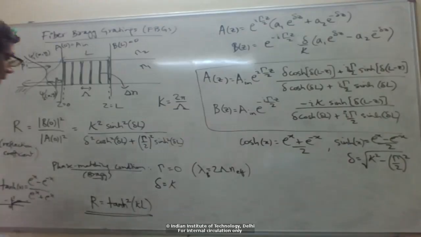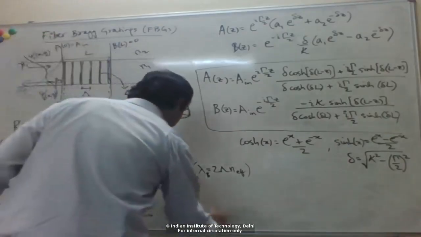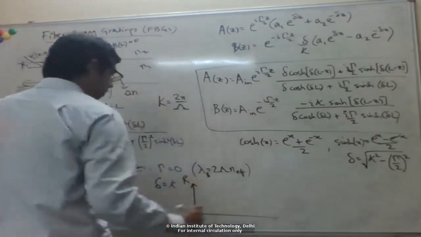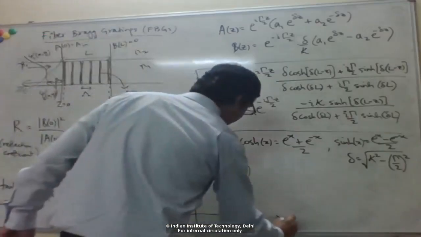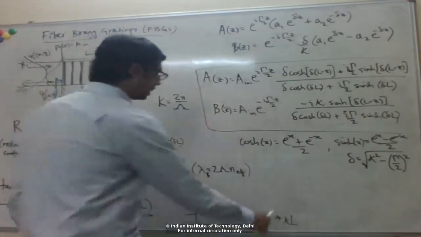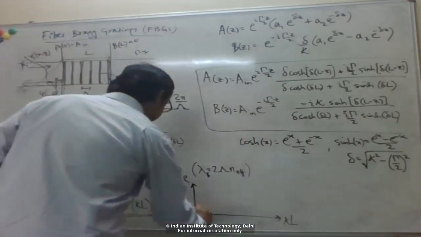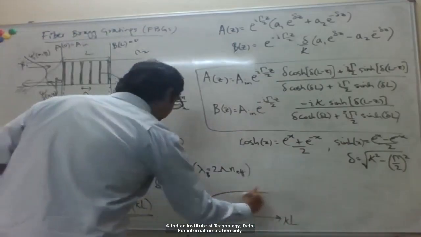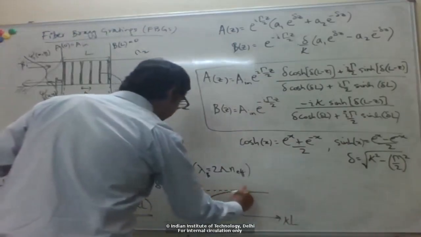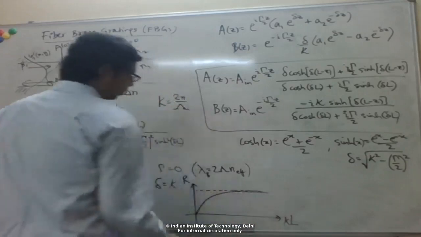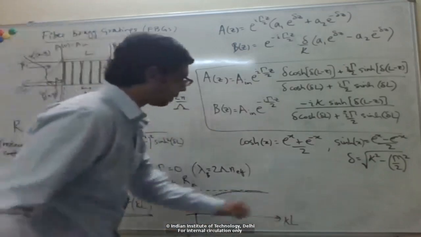If I plot the reflection coefficient versus kappa times L, the coupling coefficient times the length of the grating, the reflection coefficient increases with, for example, the length of the grating for a given coupling coefficient.